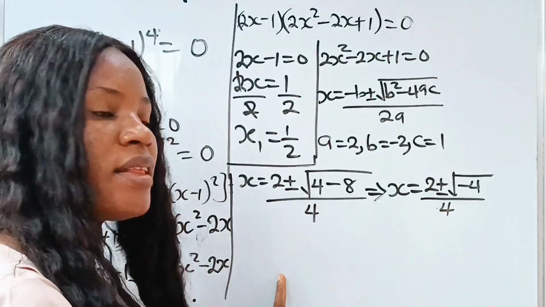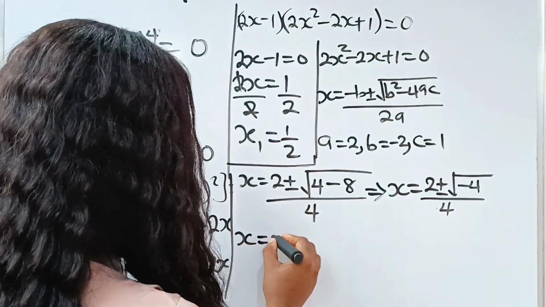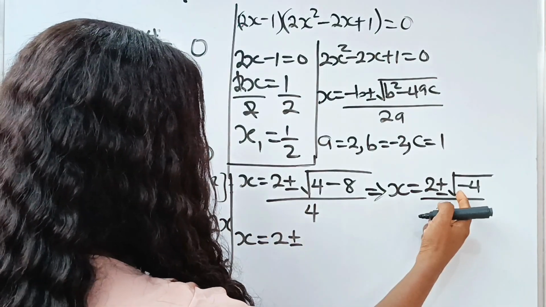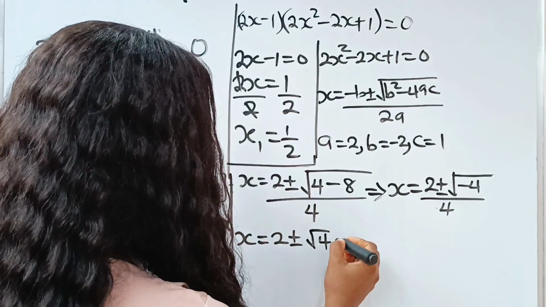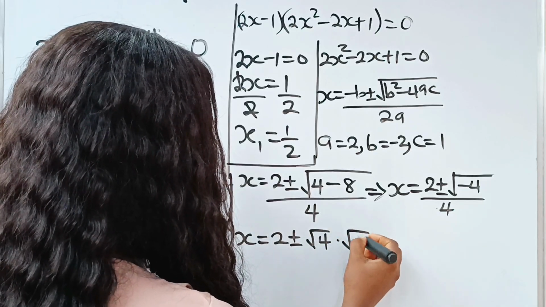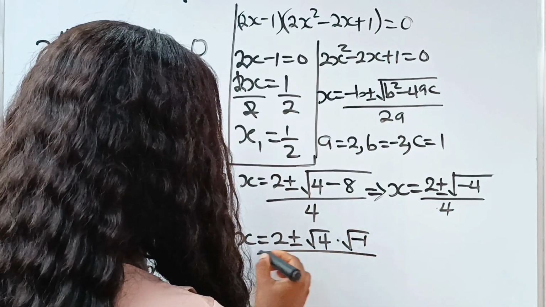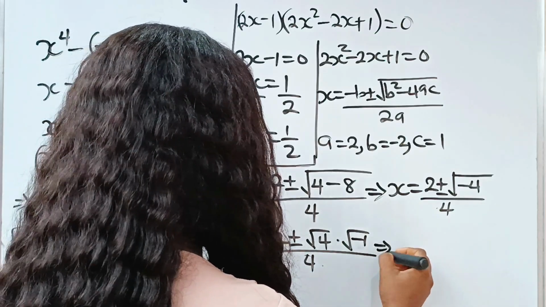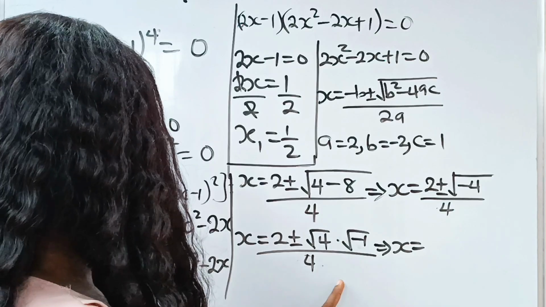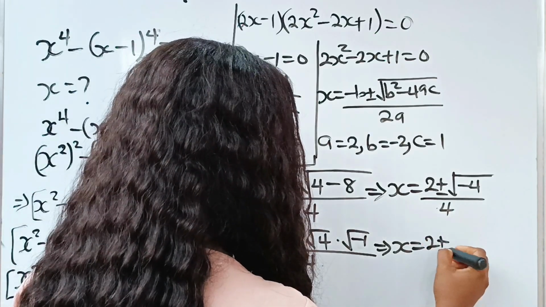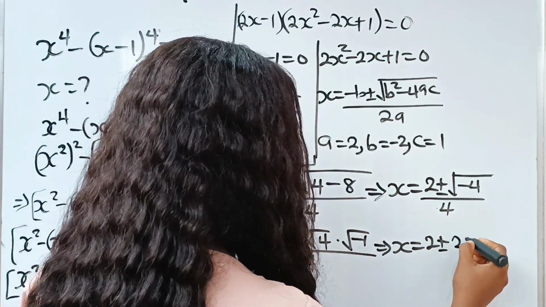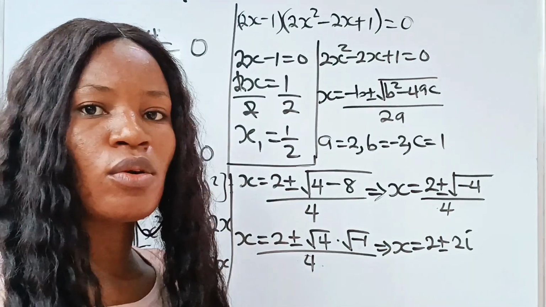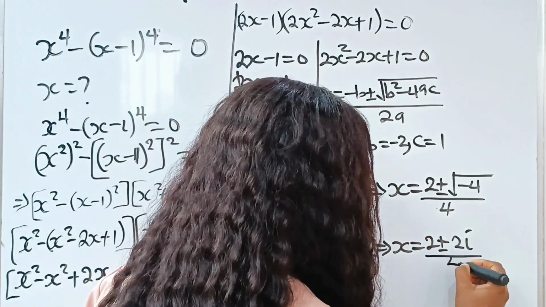So what we have here now is that our x is equal to 2 plus or minus this same thing as square root of 4 multiplied by square root of minus 1 divided by 4. So this implies that our x is equal to 2 plus or minus 2i, since square root of minus 1 is i, divided by 4.